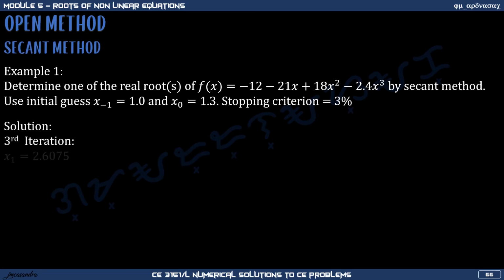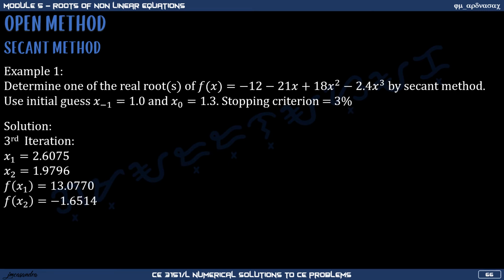So for the third iteration, we'll have to use x sub 1 is 2.6075 and x sub 2 is 1.9796. Their functions are as follows: 13.0770, and for x2, it's negative 1.6514.